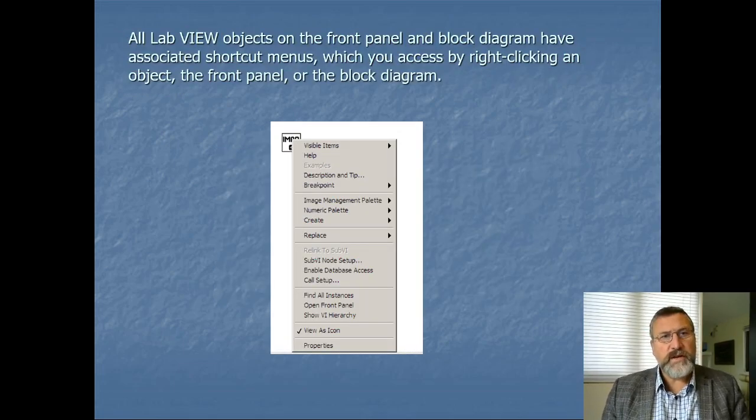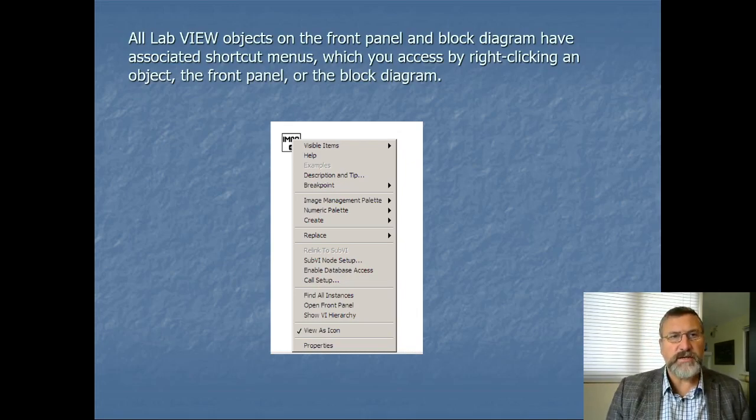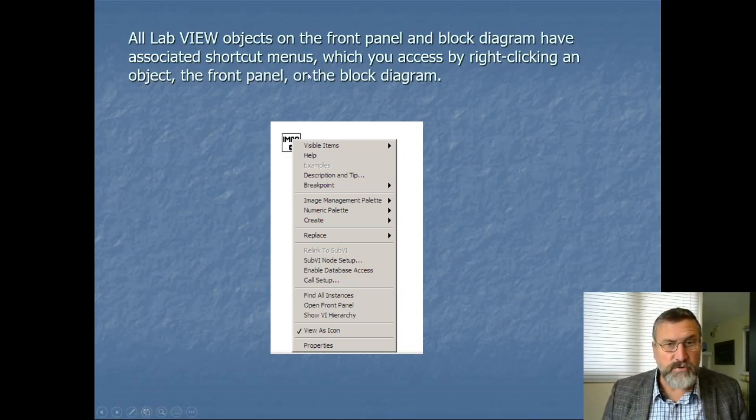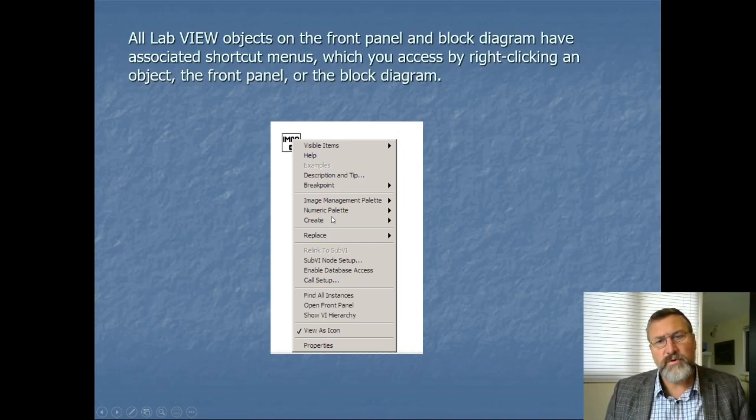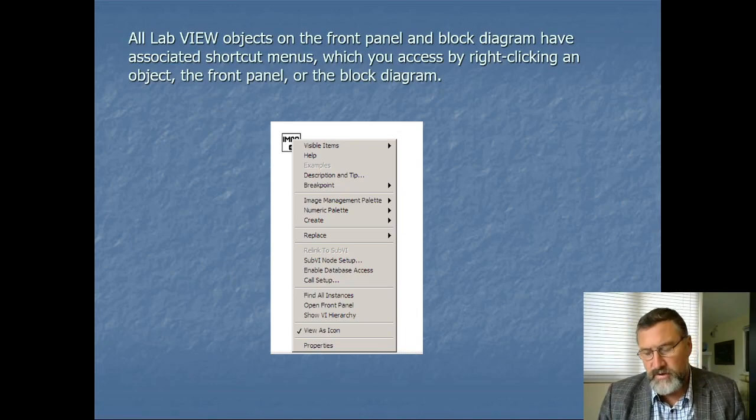All the LabVIEW objects on the front panel and block diagram have associated shortcut menus, which you access by right-clicking an object on the front panel or the block diagram. You can do all sorts of interesting things by right-clicking. One thing which I think is particularly useful is create. When you want to wire things together, you'll understand more when you do it.